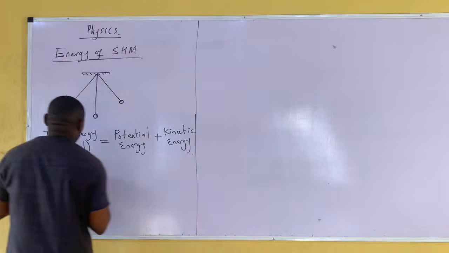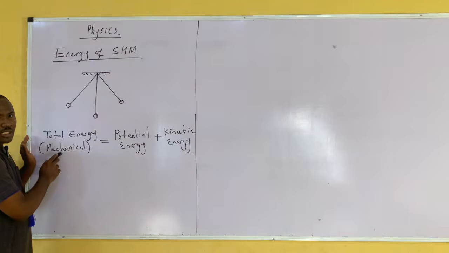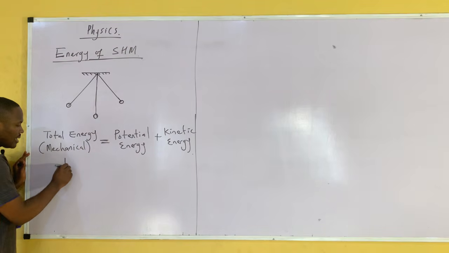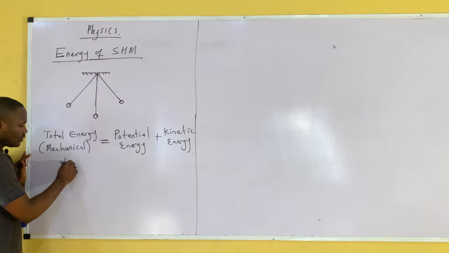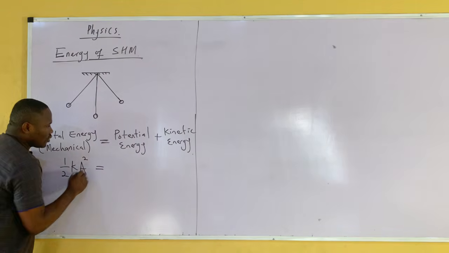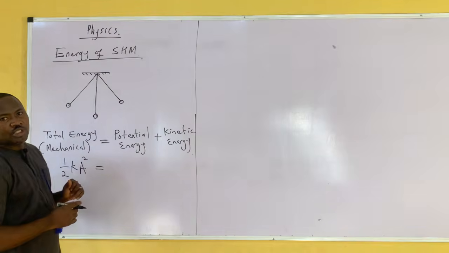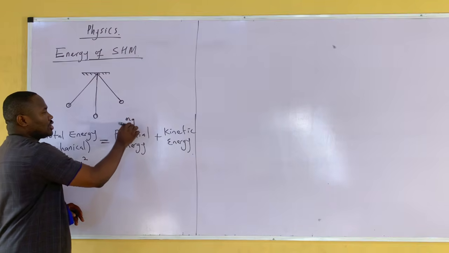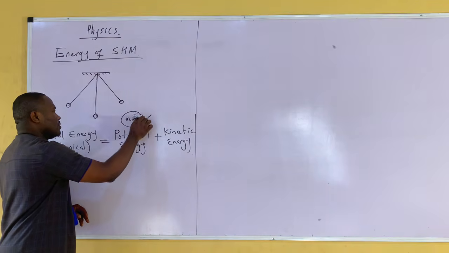So I will now ask myself, what is the total energy? The total energy here is given by 1 over 2 Ka squared, which is equal to the potential energy plus the kinetic energy. Potential energy here is not mgh. Take note, it's not mgh.